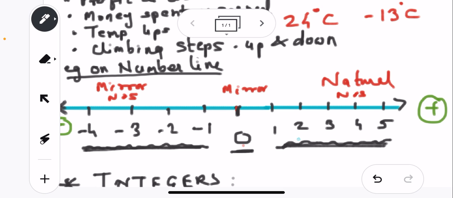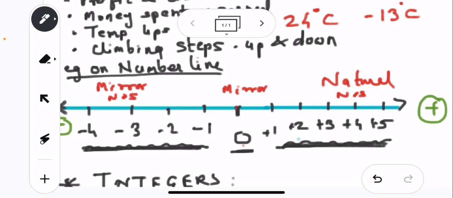So on one number line we can see all this. Here the mirror numbers we give a negative sign, and the natural numbers we put a plus sign. So where nothing is written, that means this is +1, +2, +3, +4 and +5.